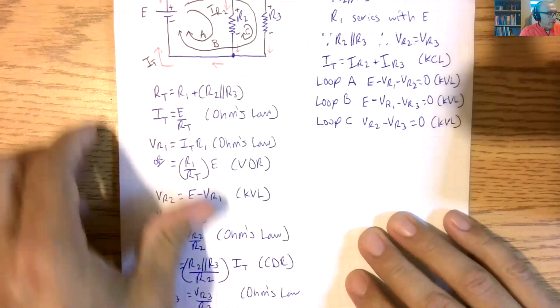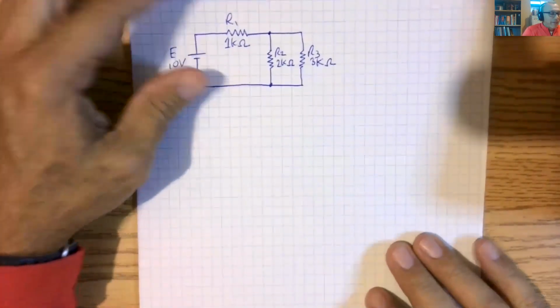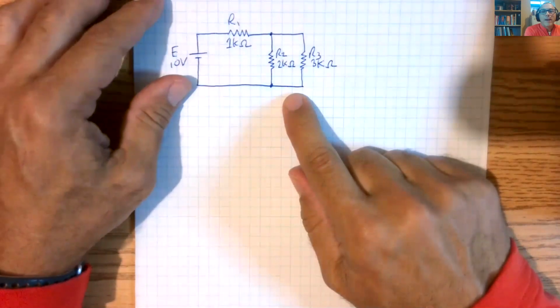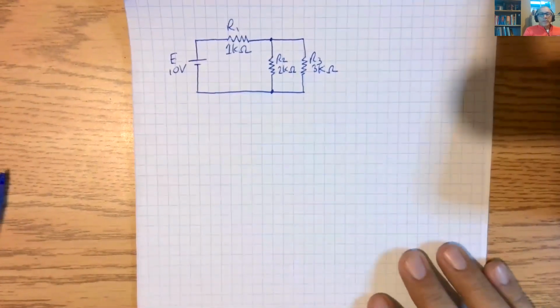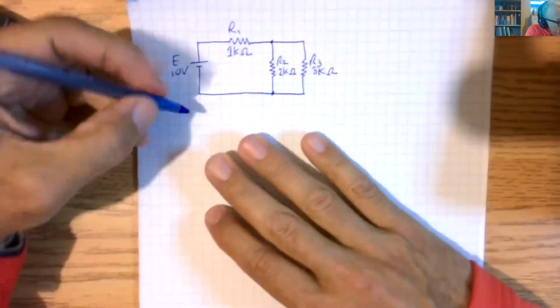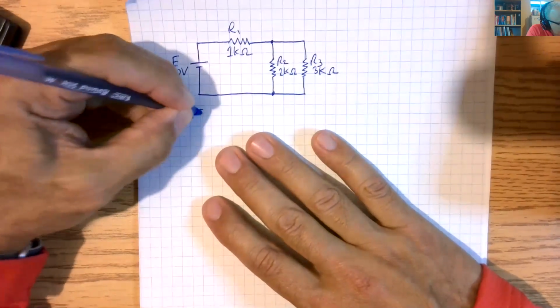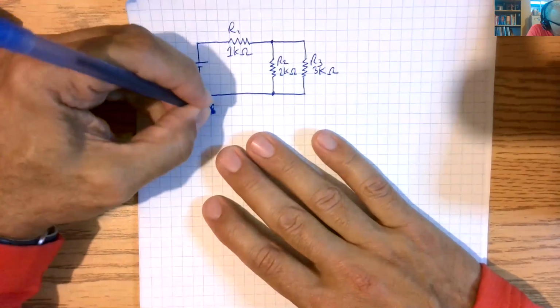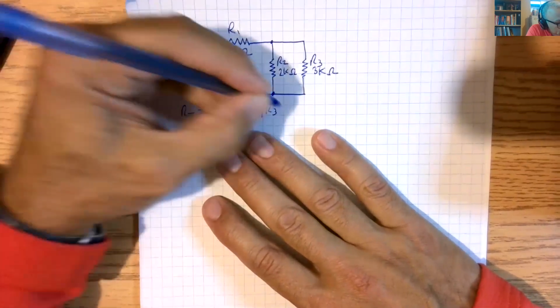All right. So how does this work? So let's do a working example here. Now, what you have to remember is that this circuit needs to tell a story that makes sense. Okay. So let's get to work here. We're going to say, let's find RT first. RT is equal to R1 plus R2 in parallel with R3.